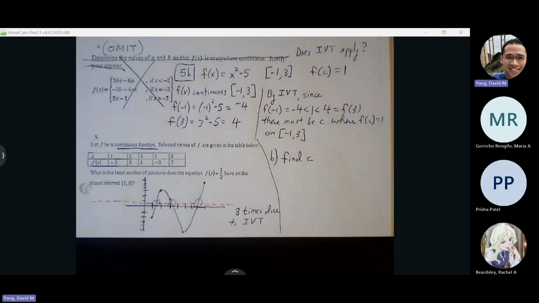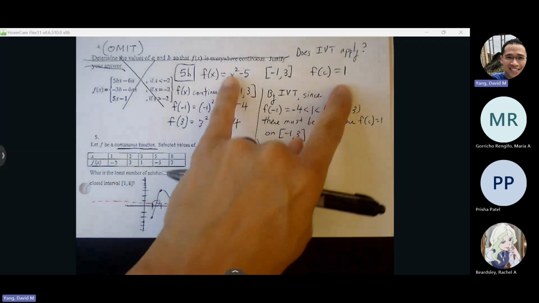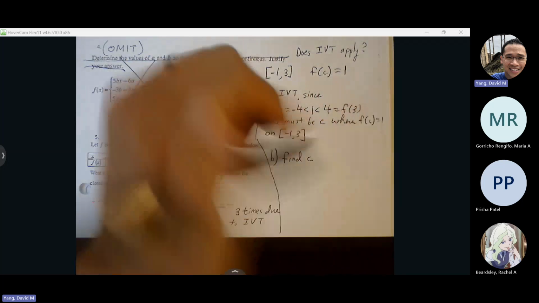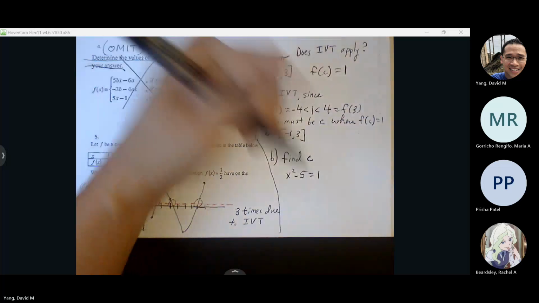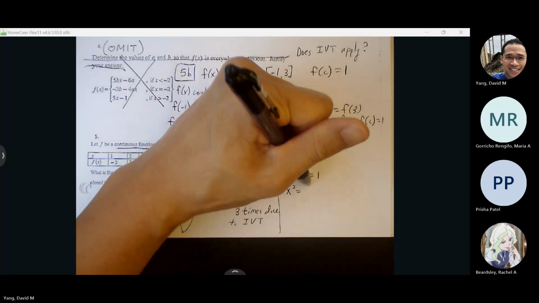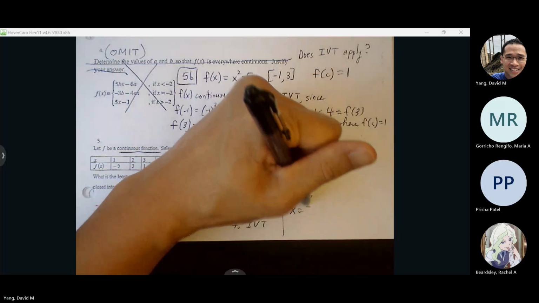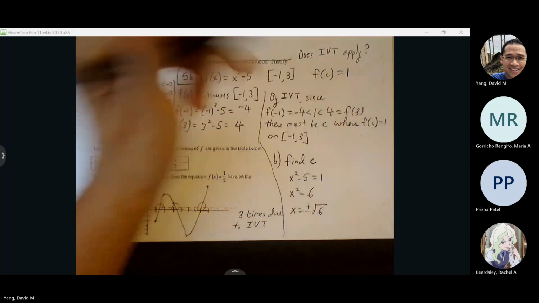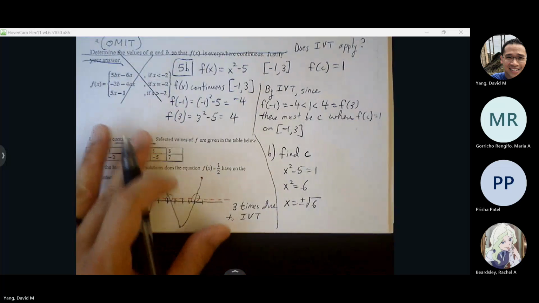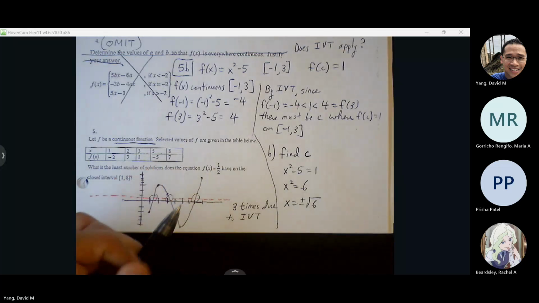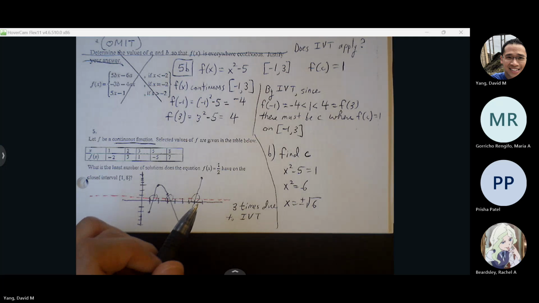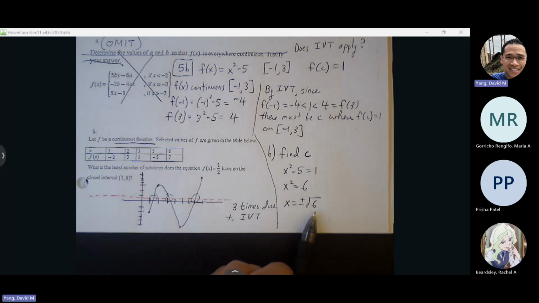Part B, find the C value. So just set them equal to each other and solve for x. We know square root of 9 is 3, right?